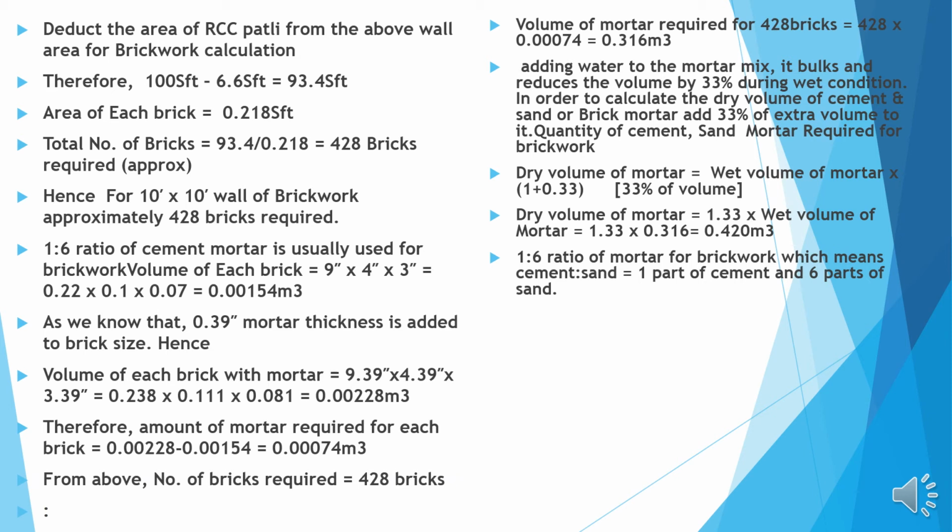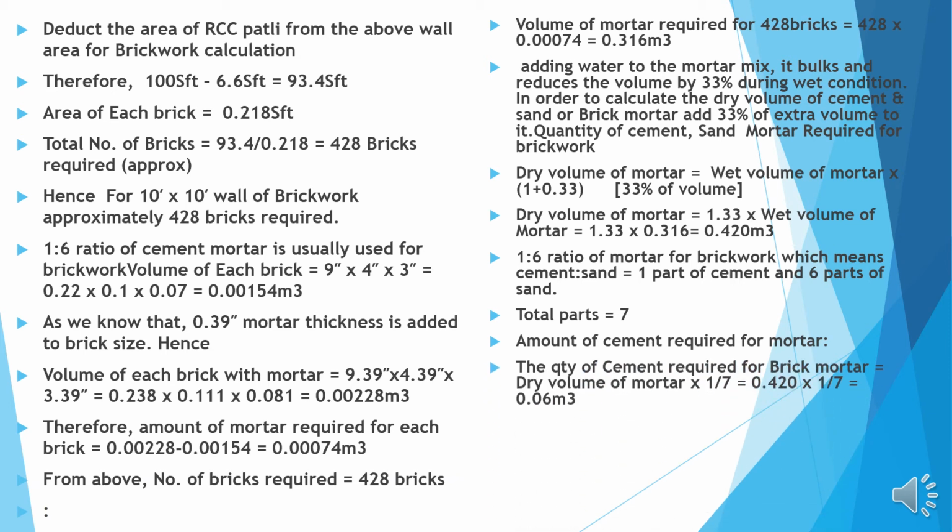1:6 is the mortar for brickwork, which means 1 part cement and 6 parts sand. Total parts is 7. The quantity of cement required for the brick mortar is equal to the dry volume of the mortar into 1/7. That is 0.420 multiplied by 1 divided by 7, which is equal to 0.06 cubic meter.